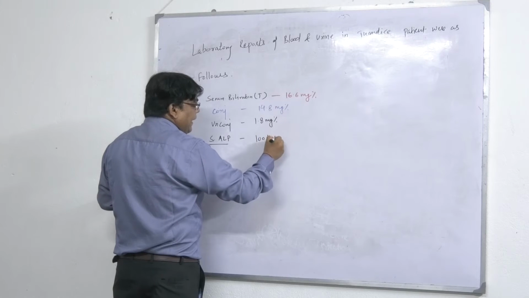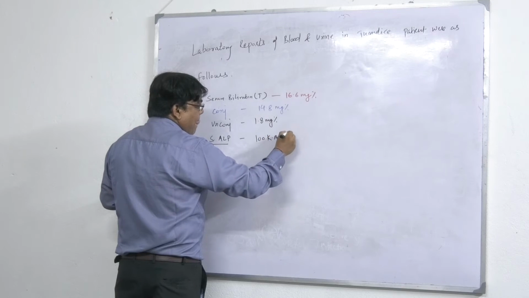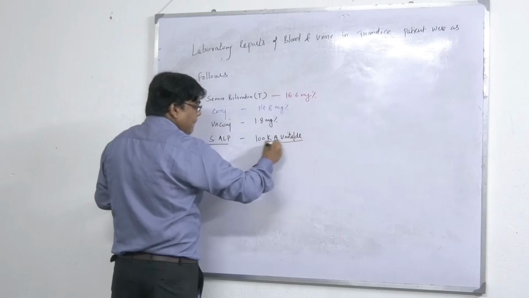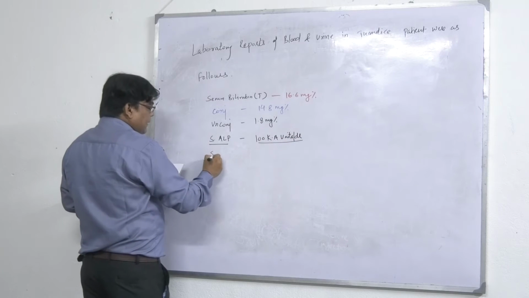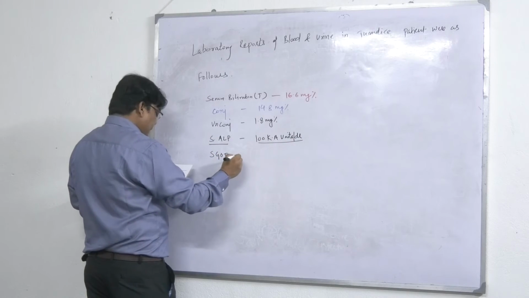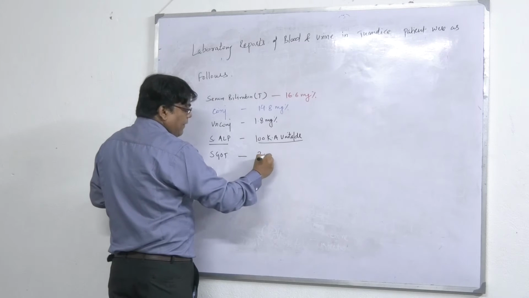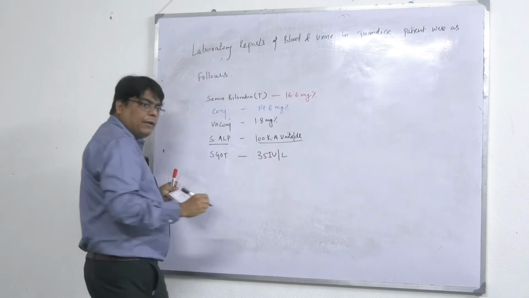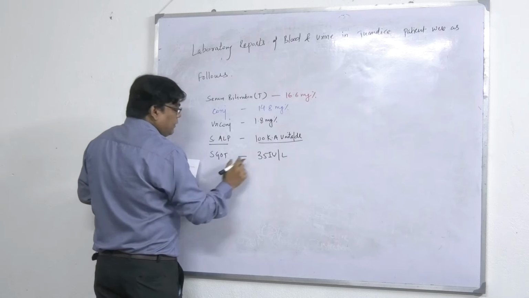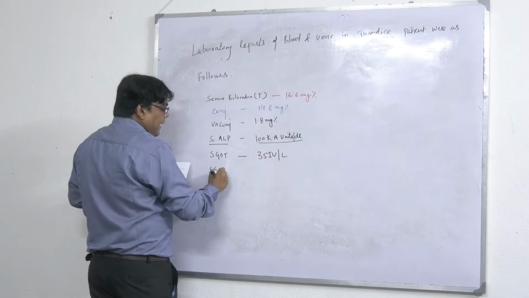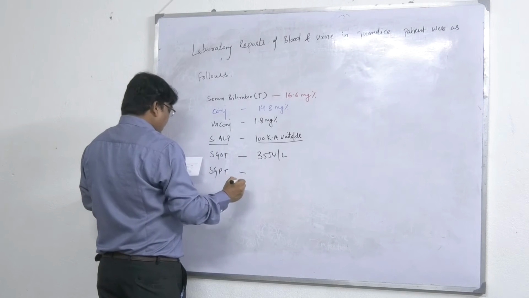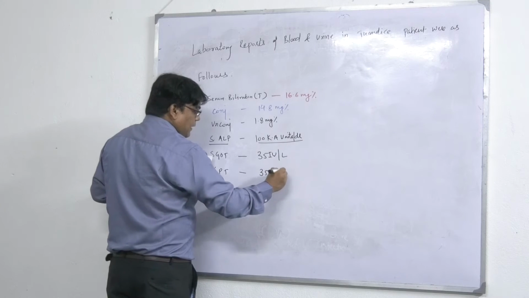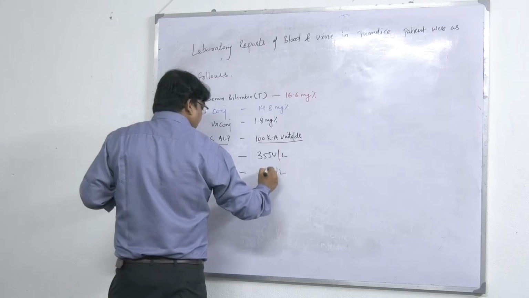100 King units per dl. Okay, then SGOT is 35 units per liter, or international unit per liter, both the units are the same, and SGPT, that is 35 international units per liter.